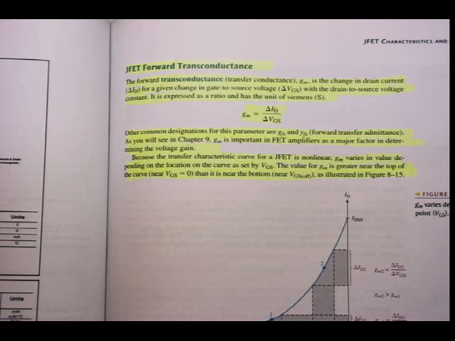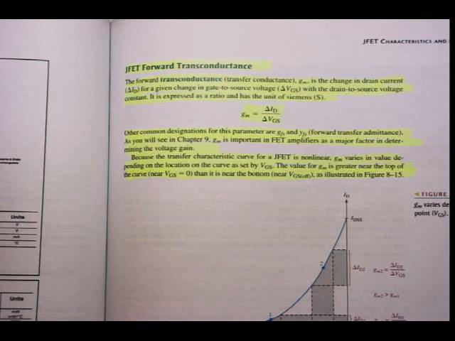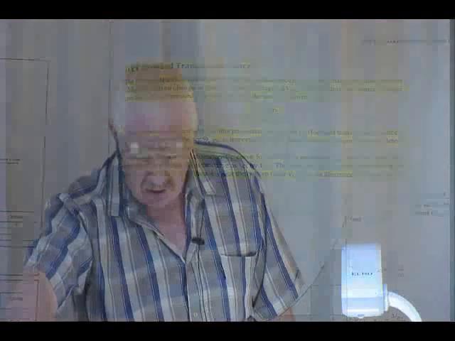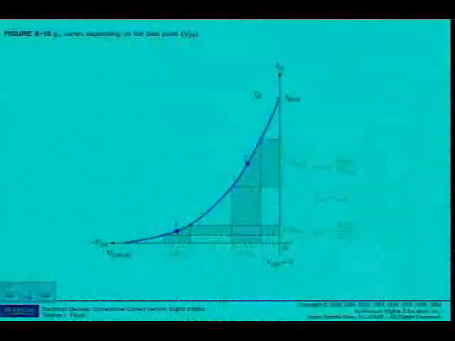Because the transfer characteristic curve of a JFET is non-linear, GM varies in value depending on the location on the curve as set by VGS. And it's clear if you look at figure 8.15. We've seen that the formula says GM is equal to delta ID divided by delta VGS.